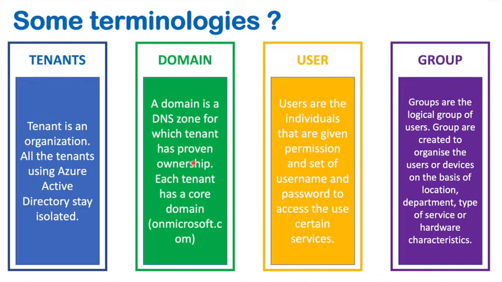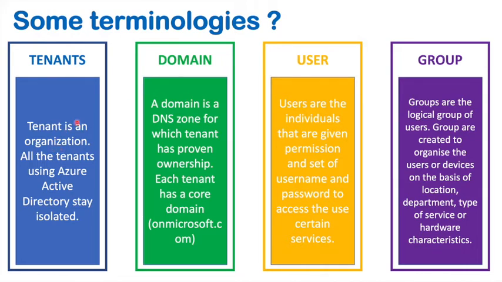What is the domain then? If you see any organization, they have one domain name, right? Infosys.com, apple.com. These are companies, right? So hp.com or microsoft.com, amazon.com. Each company has one domain name, and the domain name proves that this is authentic for this company.